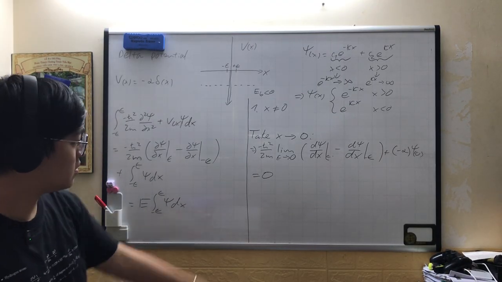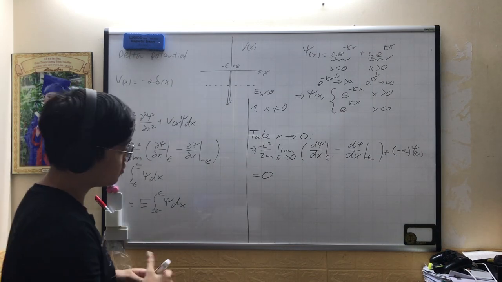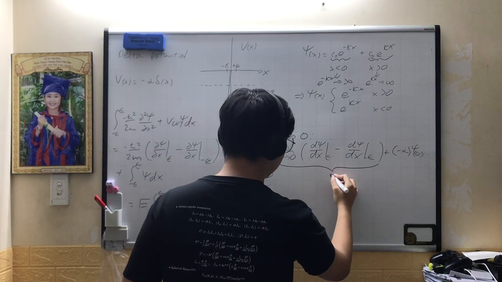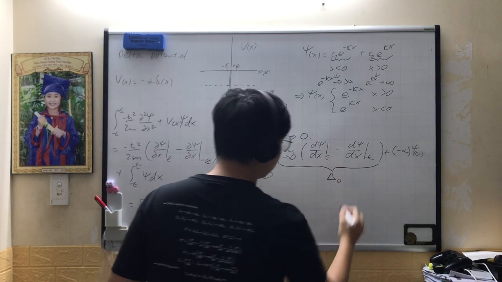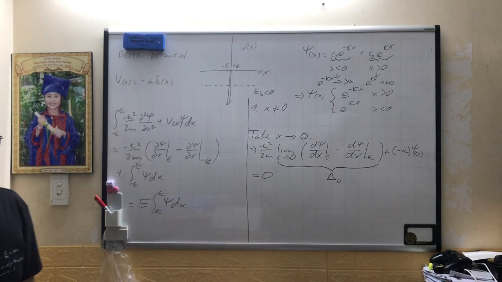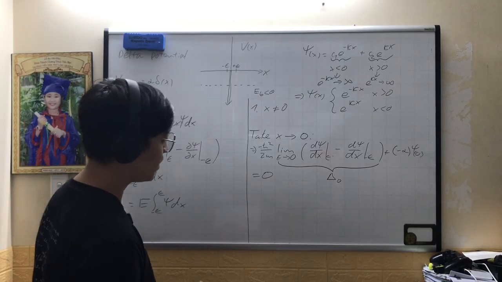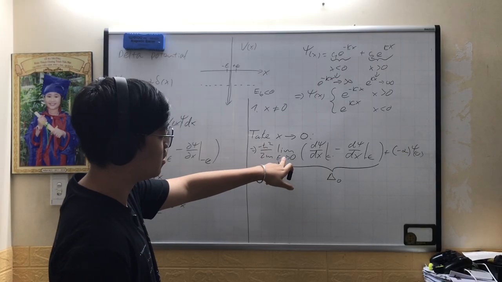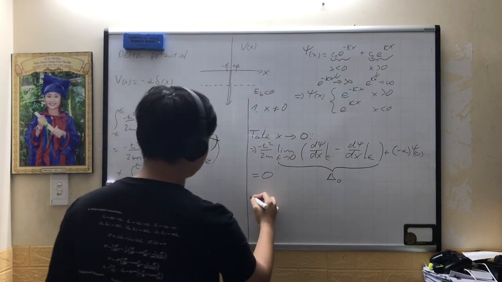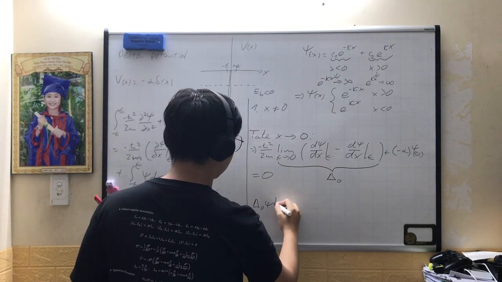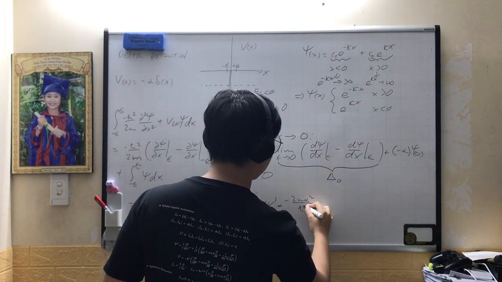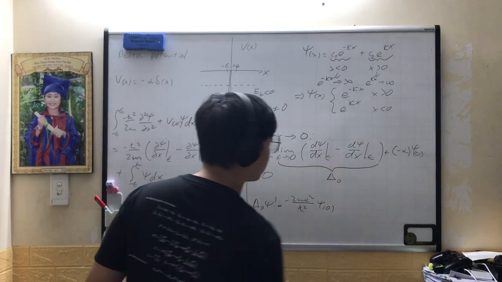So from here you get that we're gonna call this guy the discontinuity at 0, as delta 0. So we get that the discontinuity, delta 0 of that, is equal to minus 2m alpha over h bar squared of psi at 0.